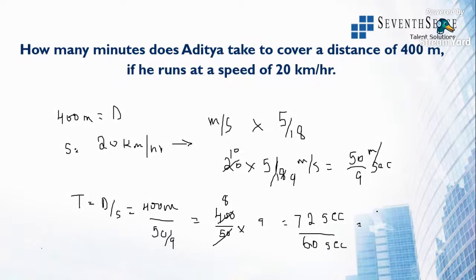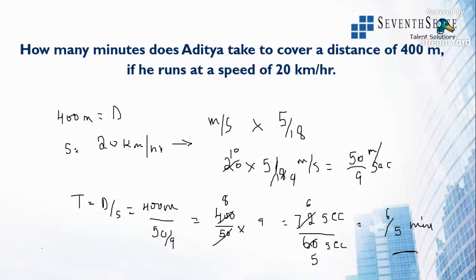So 72 by 60, this becomes 12 into 6 by 12 into 5. So it is 6 by 5 minutes. See, same answer, and you can get it easily. Is it clear, guys? So both the methods give us the same answer.